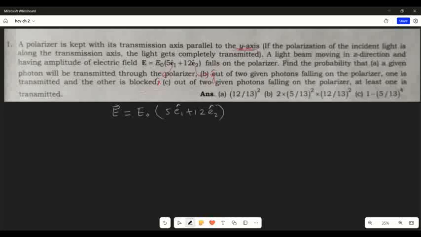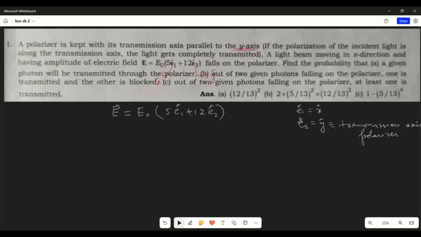So E1 corresponds to the x-axis and E2 corresponds to the y-axis, and this is the same as the transmission axis of the polarizer.